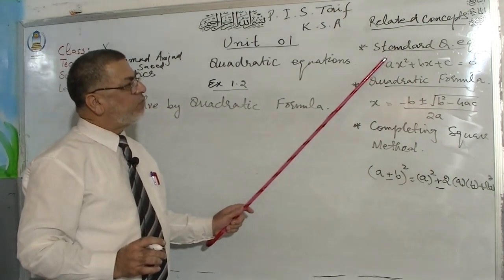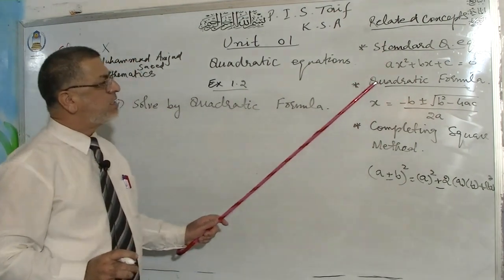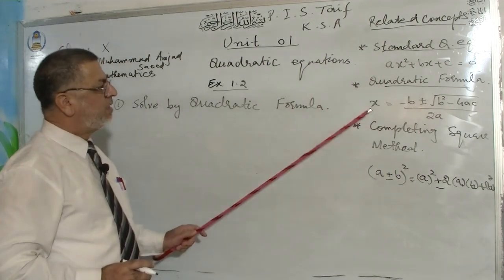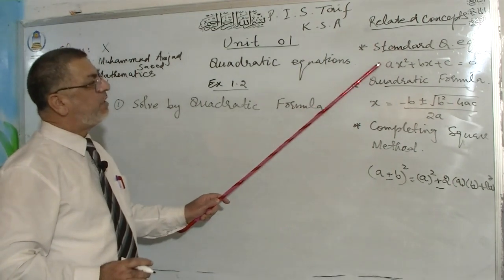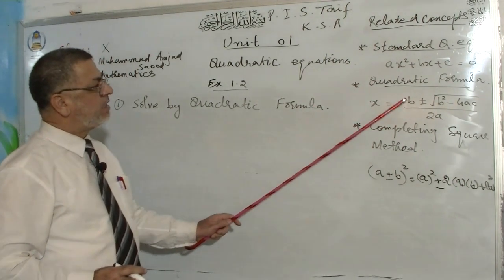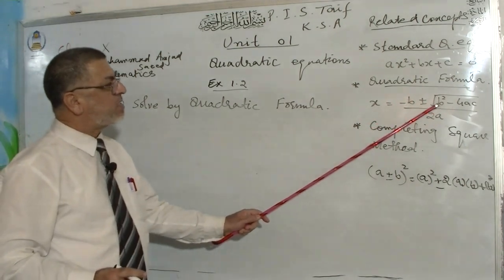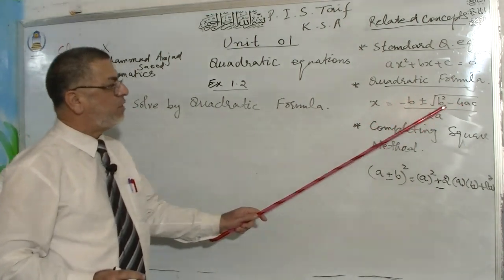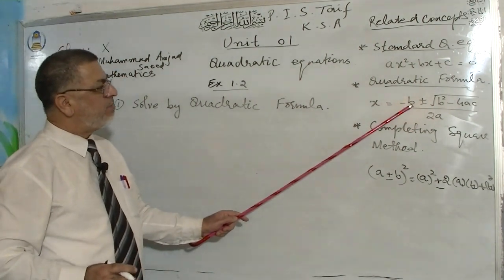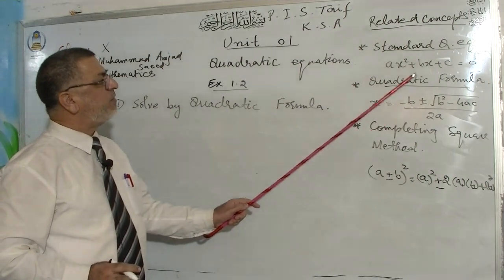The standard quadratic equation solution is the quadratic formula, which is derived with the help of completing the square, and you will get this answer. So x is equal to minus b plus minus square root of b square minus 4ac over 2a. First of all, you will check what is b. Remember that b is the coefficient of x.